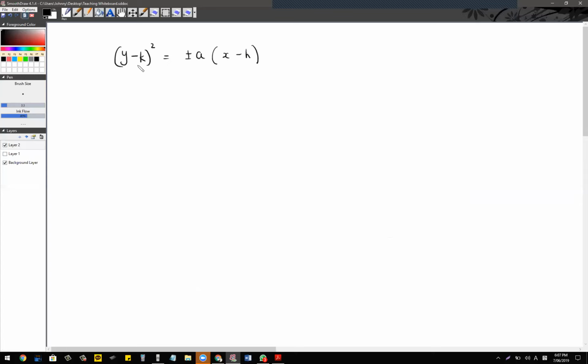So h and k give you the vertex. Number 1, the h and k give you the vertex. Number 2, plus a means this way. Negative a means this way. That's it really. And number 3 is intercepts.